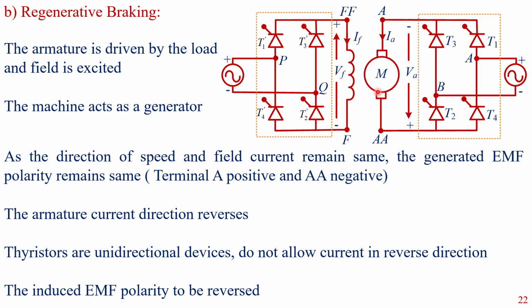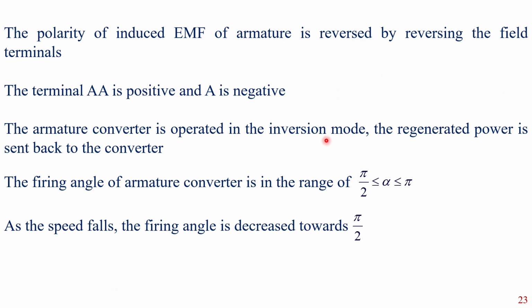When the field current direction is reversed, the induced EMF polarity is reversed, and by operating the converter in the inversion mode, the power generated in the armature can be sent back to the source. Initially, the firing angle is kept nearer to pi. As the speed falls, the firing angle is decreased towards pi by 2.